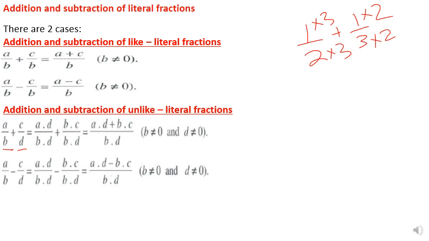And as I multiply the denominator, I have to multiply in the numerator. So the denominator is bd, and in the numerator I have ad and bc. It's ad plus bc because I can't add unlike terms. The same thing in subtraction. So I first make them like and then I subtract them.